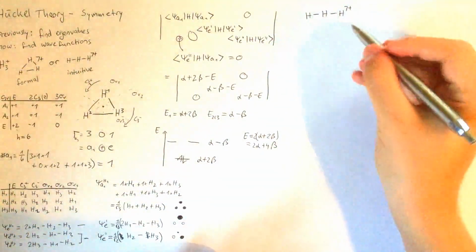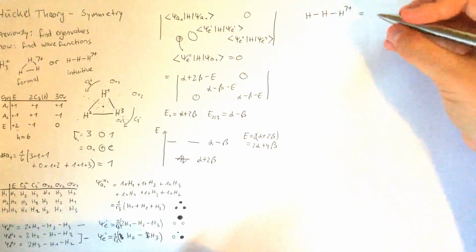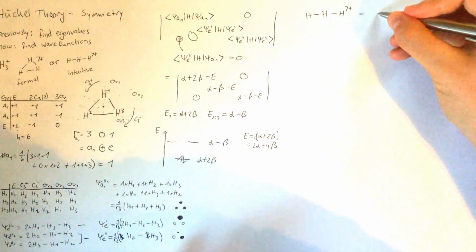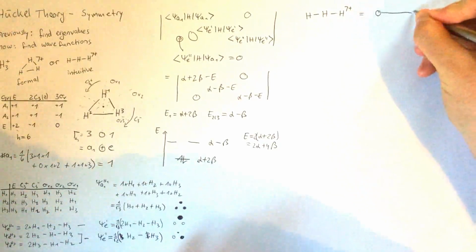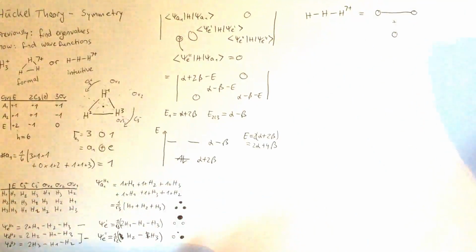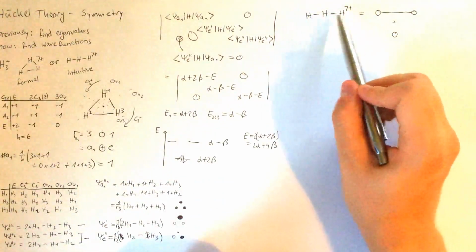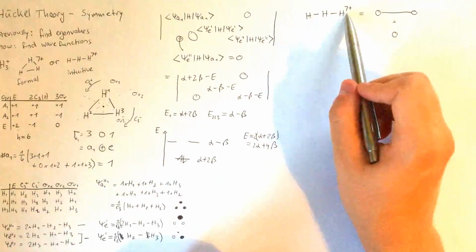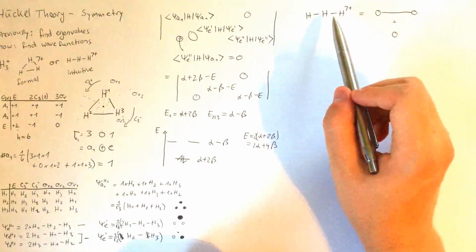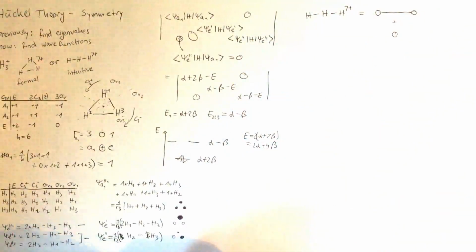And we're going to say that this linear version can be built up of this plus this. So I'm going to look at the exterior hydrogens and their symmetry, and then I'm just going to insert in the middle hydrogen and see what happens.